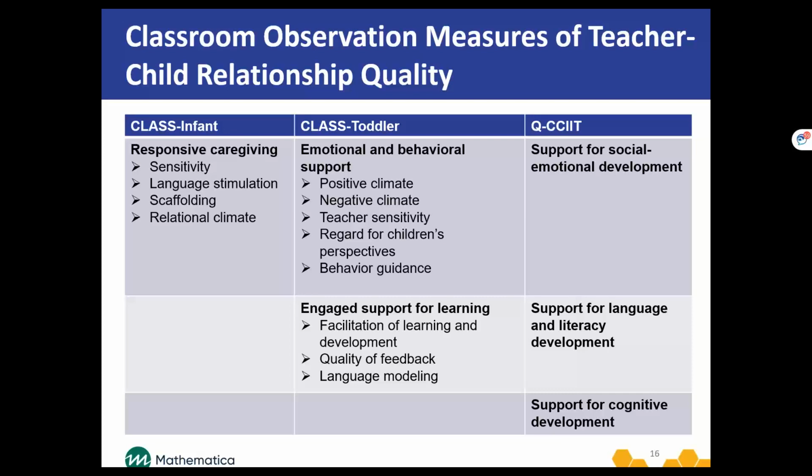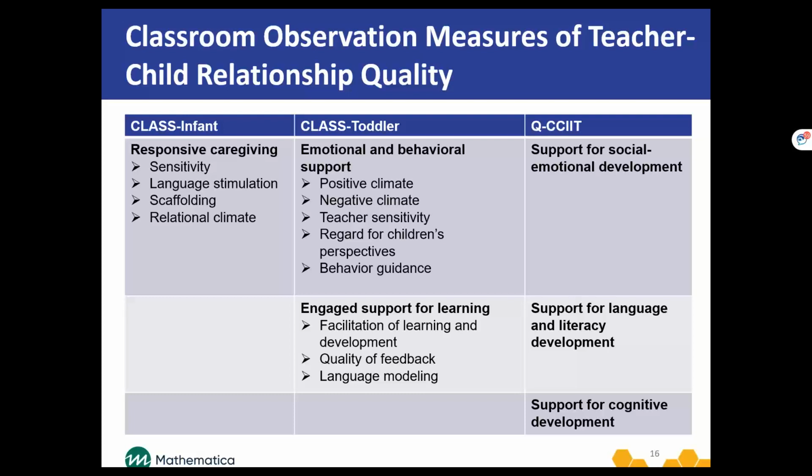The toddler version includes two domains: emotional and behavioral support, with dimensions including positive and negative climate, teacher sensitivity, regard for children's perspective, and behavioral guidance; and engaged support for learning, with dimensions including facilitation of learning and development, quality of feedback, and language modeling. The scores for the CLASS range from 1 to 7 for both dimensions and domains.